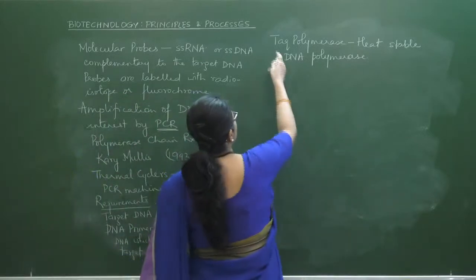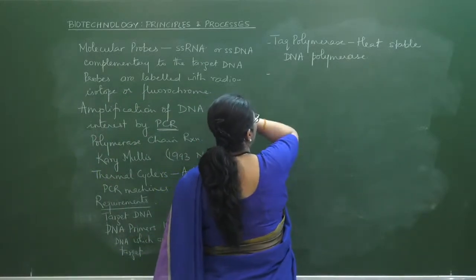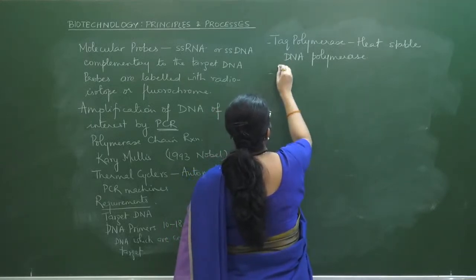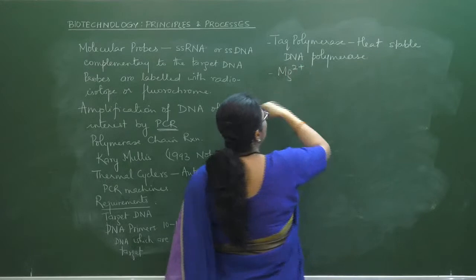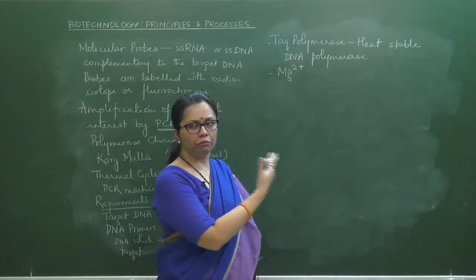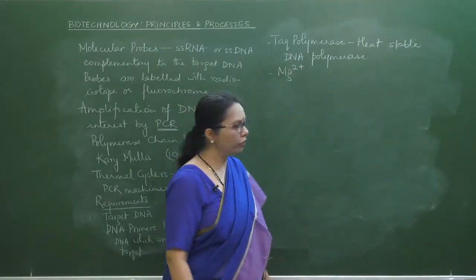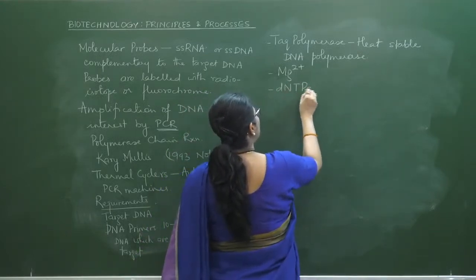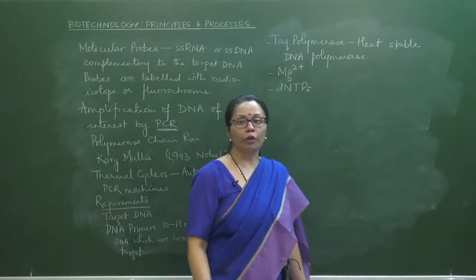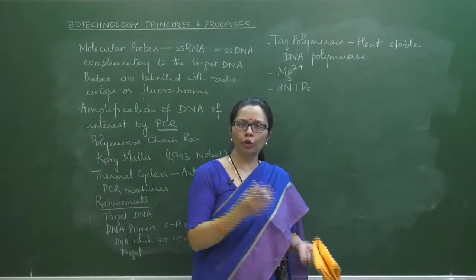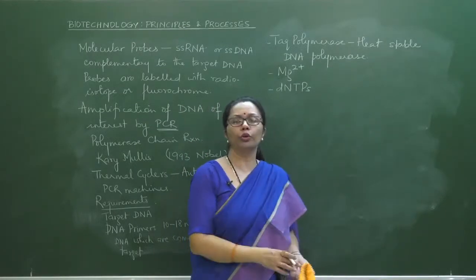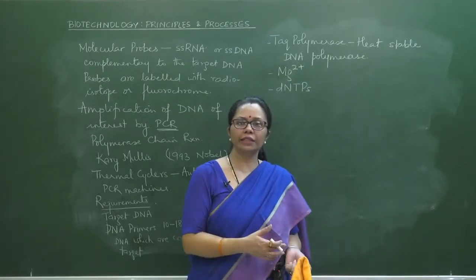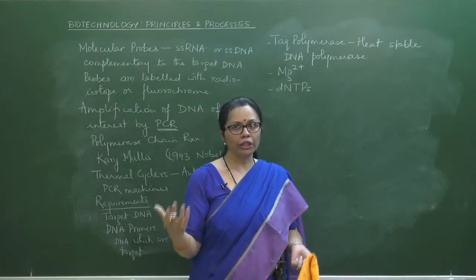Then next, one more thing, magnesium ions. Magnesium ions are the cofactor for this enzyme. Then dNTPs. What are dNTPs? Nothing but nucleotides, because when DNA is being synthesized, the deoxynucleotides are needed. Within the cell, they are of course there in the cytoplasm.